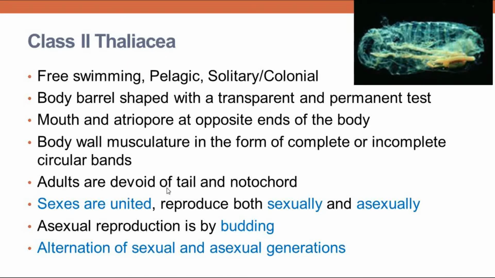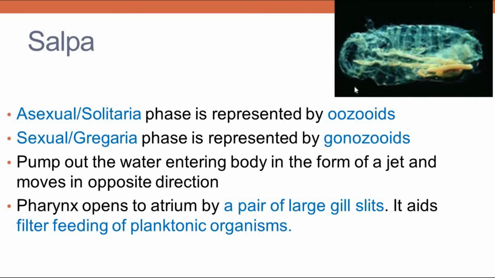Then adults are devoid of tail and notochord, as in the case of Ascidiacea. Sexes are united, they reproduce both sexually and asexually. Asexual reproduction is by budding, and another feature is that alternation of sexual and asexual generation can be seen in Thaliacea. We can go to an example, that is Salpa. Salpa is an organism coming under class Thaliacea.